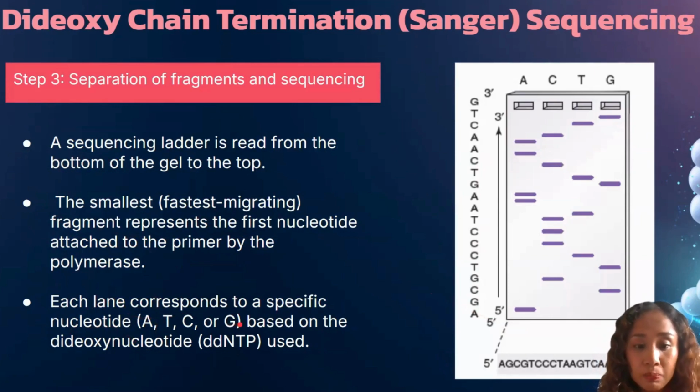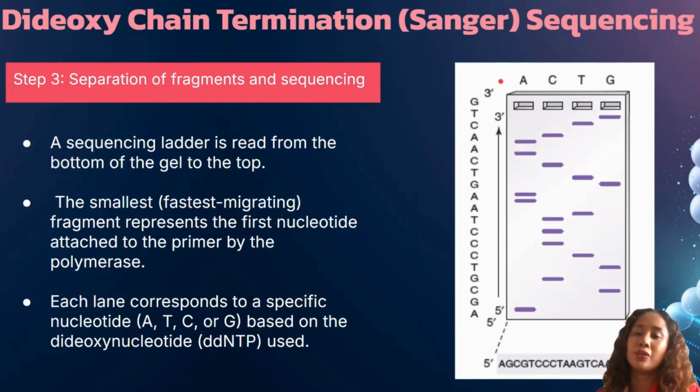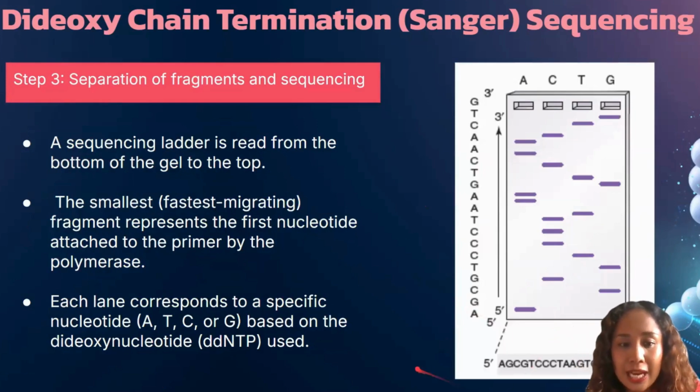Each lane corresponds to a specific nucleotide based on the ddNTP. So this is the lane for adenine, cytosine, thymine, and guanine. And the one that migrates the fastest represents the first nucleotide.